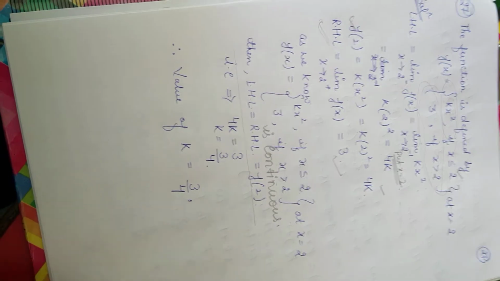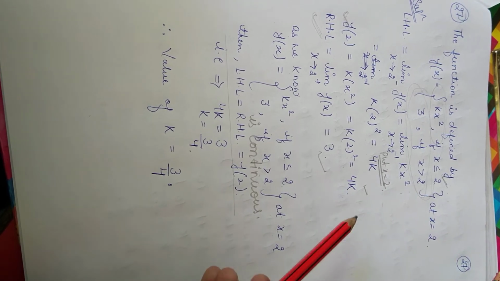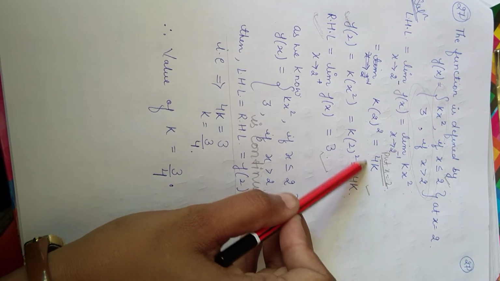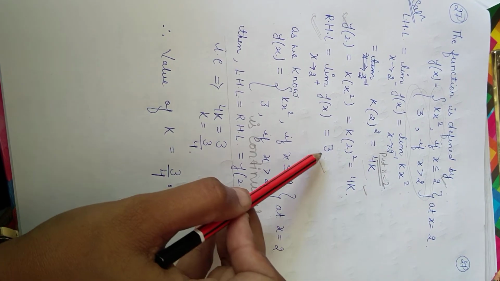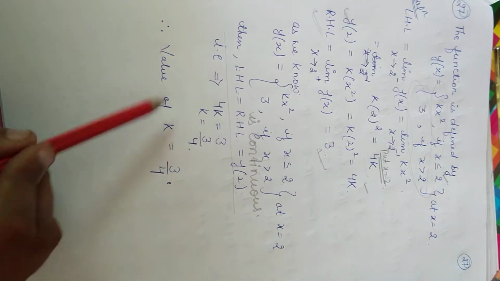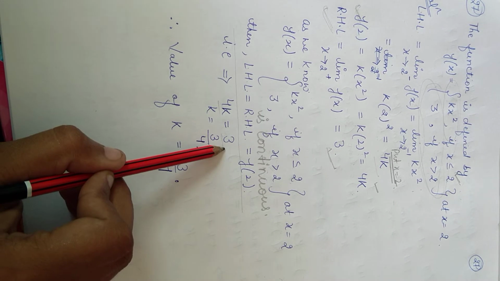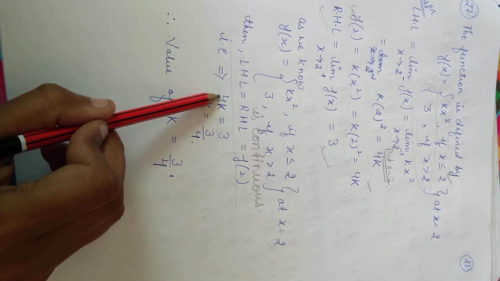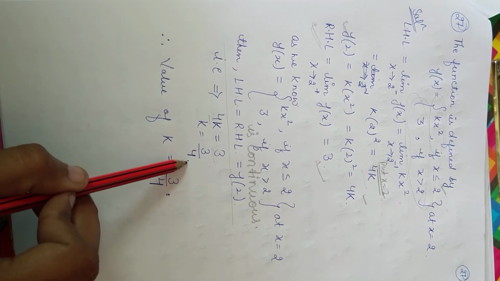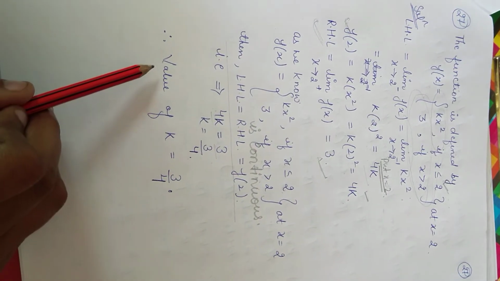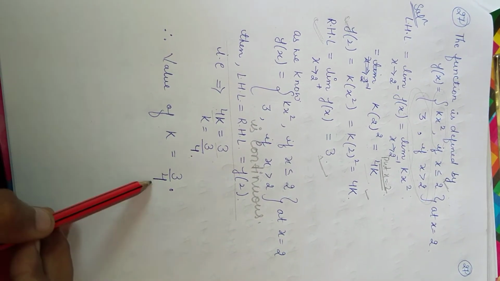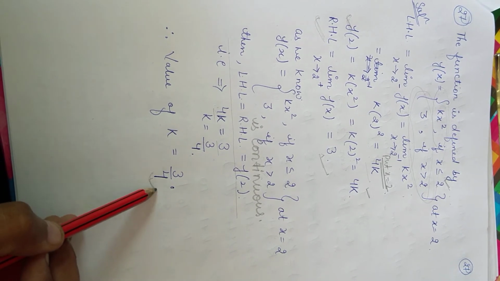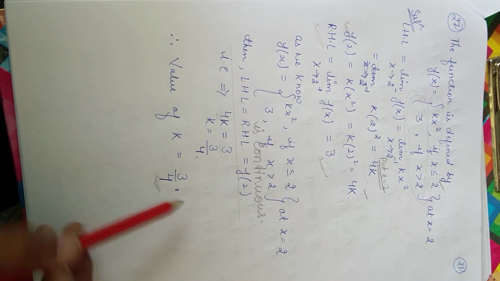Now my LHL is 4k and my RHL is 3. So I have used 4k is equal to 3, and while solving this, 4 is in multiplication over here, so in the next step it will come in the denominator. So finally your value of k is 3 by 4. What is the value of your k? That is 3 by 4.